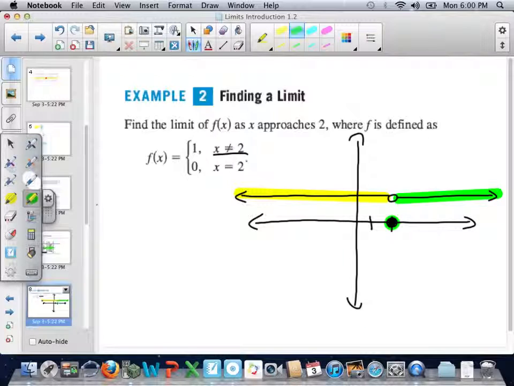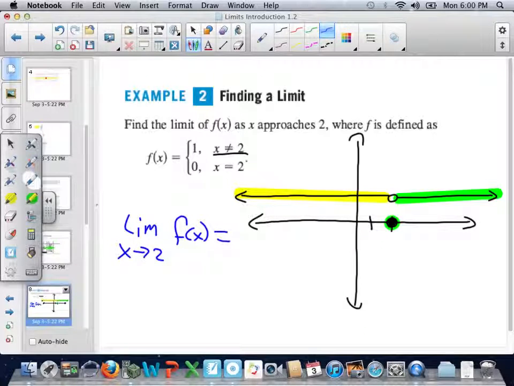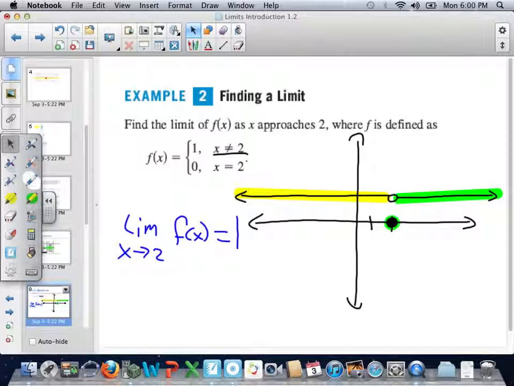As we get closer and closer to 2, what number is the graph from the left and right getting closer to? Well, it's getting closer to 1. So what we would say is the limit as x approaches 2 of our function is 1, because that's the number we get closer to, not necessarily the number that it is.